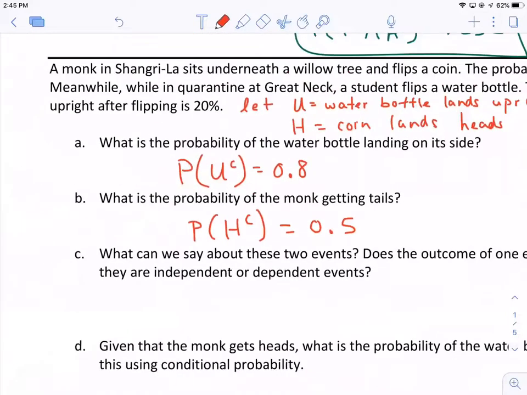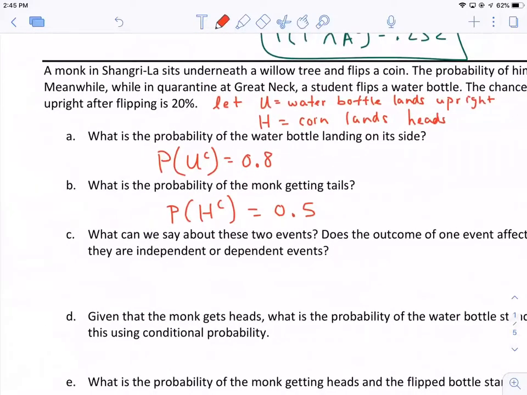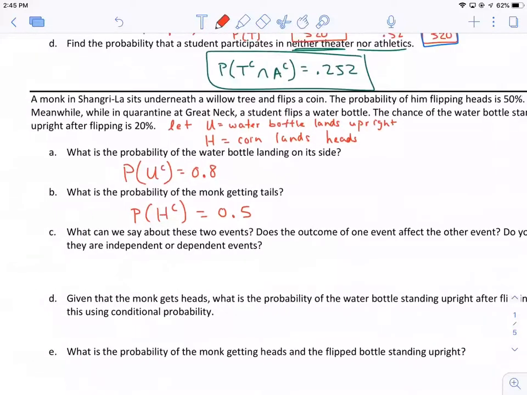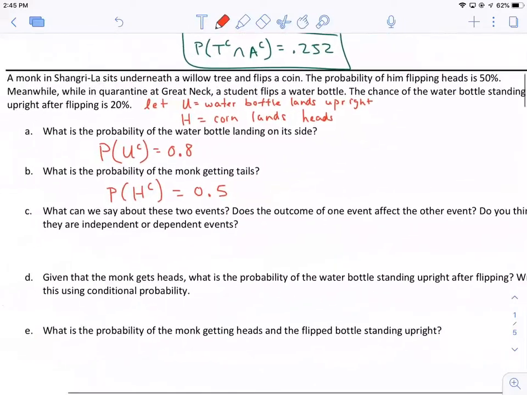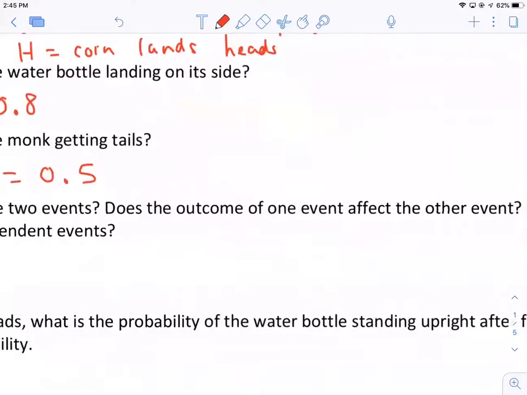All right, so let's think about these two events. Does the outcome of one event affect the other event? Do you think they are independent or dependent events? Does the monk getting heads or tails in Shangri-La, many hundreds of miles away, affect our probability of when we flip this water bottle that it lands upright or on its side? And of course, those two events do not affect each other.